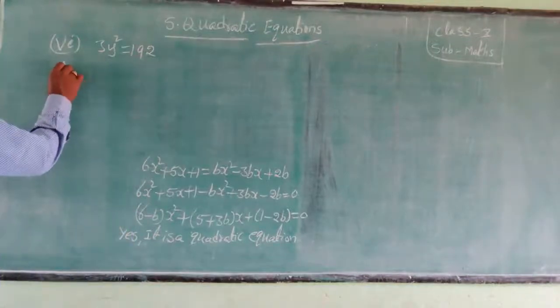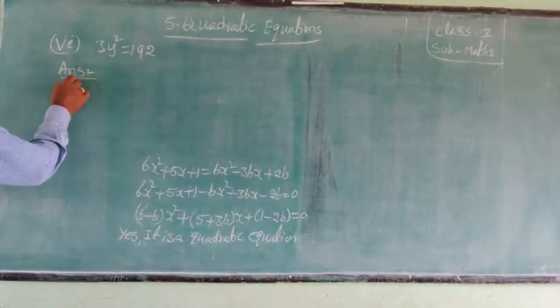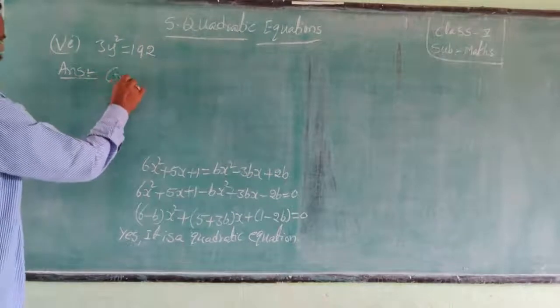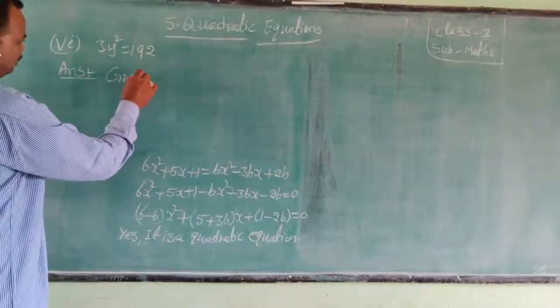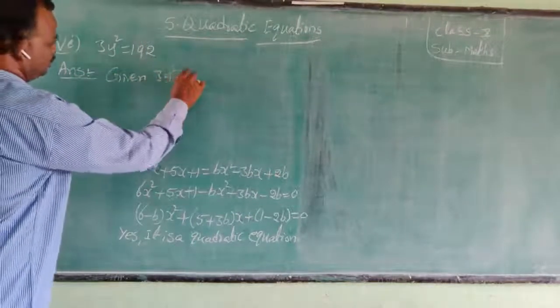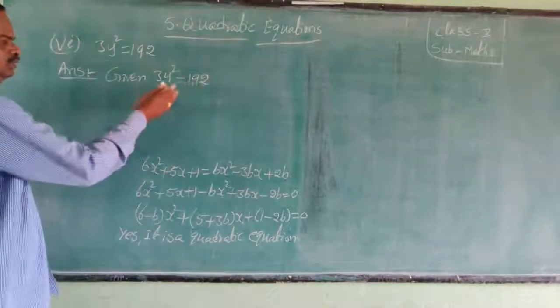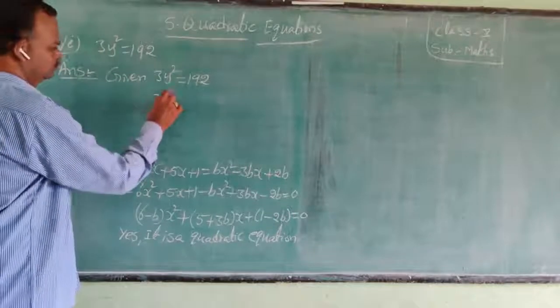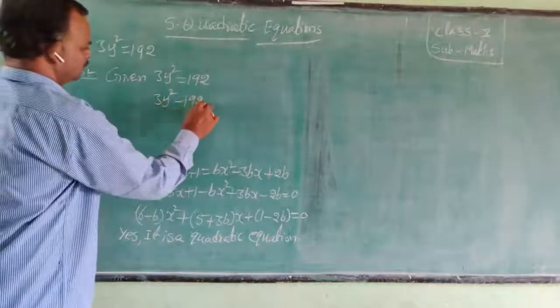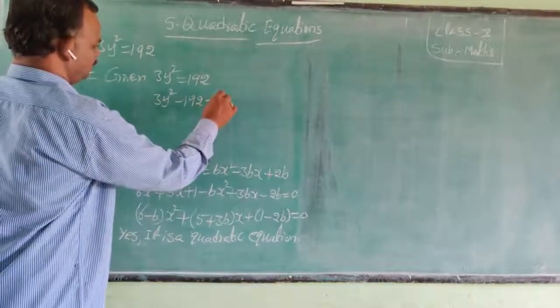Answer. Given 3y square is equal to 192. Now transpose the value. 3y square minus 192 is equal to 0.